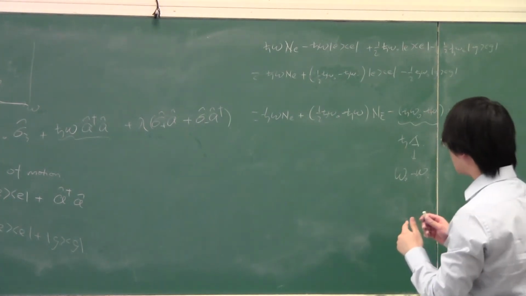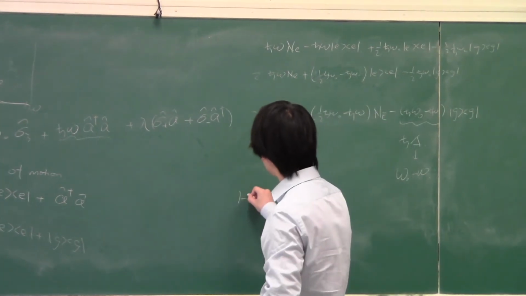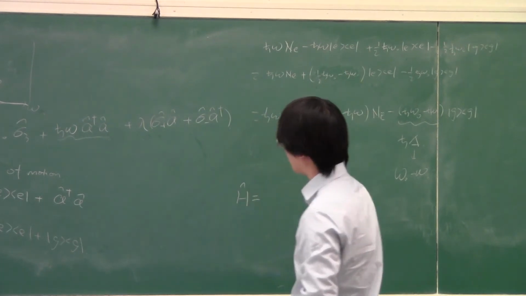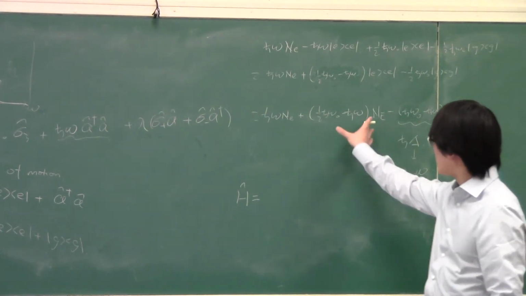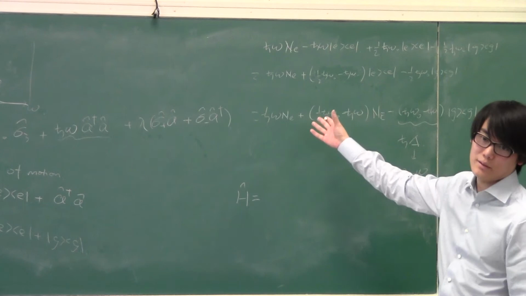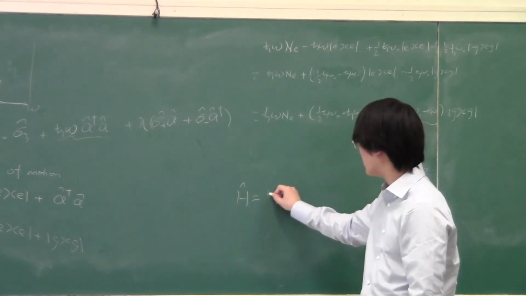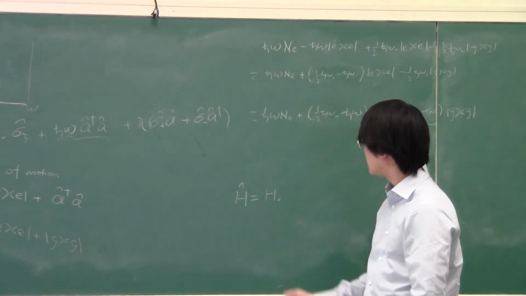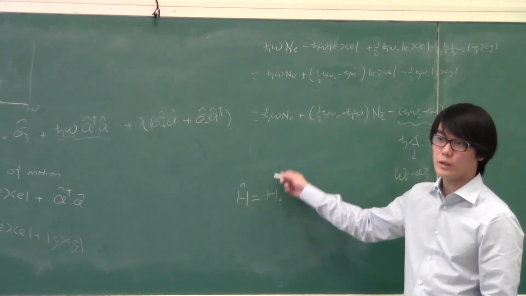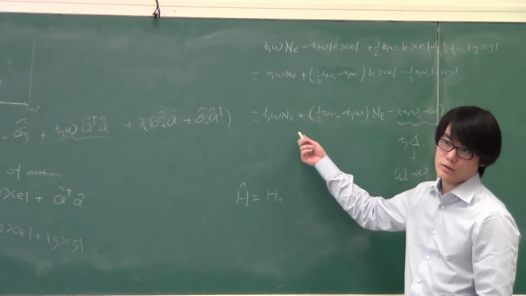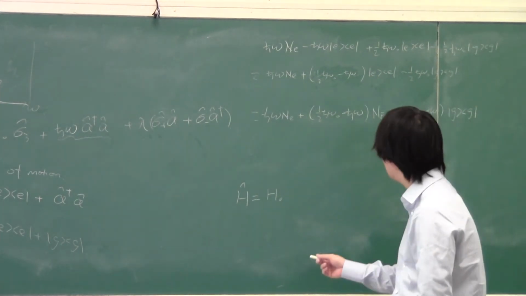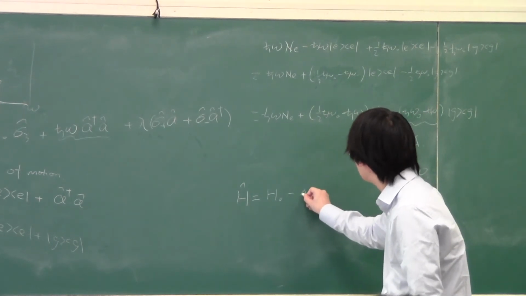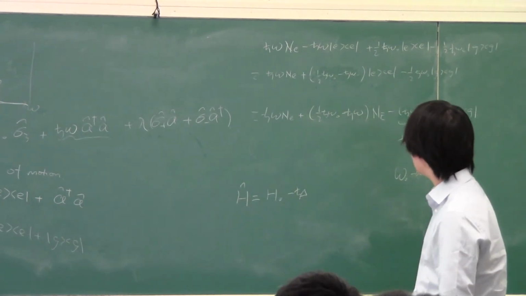So now I can write the Hamiltonian as. Okay. Since all these parts consist of constants of motion, let me write it as H naught. And it's no longer an operator because these are constants of motion. They will just come out to be numbers. Okay. Minus H bar delta.